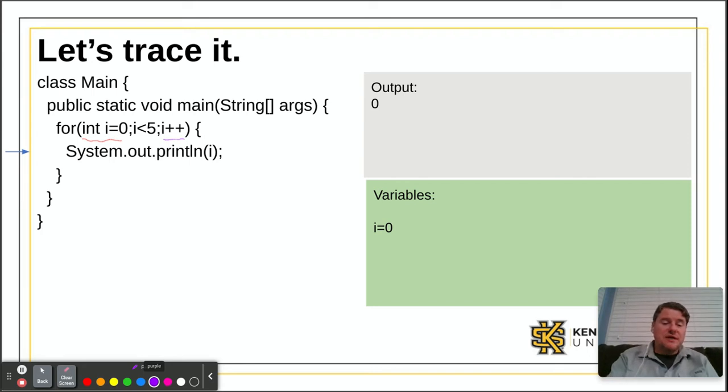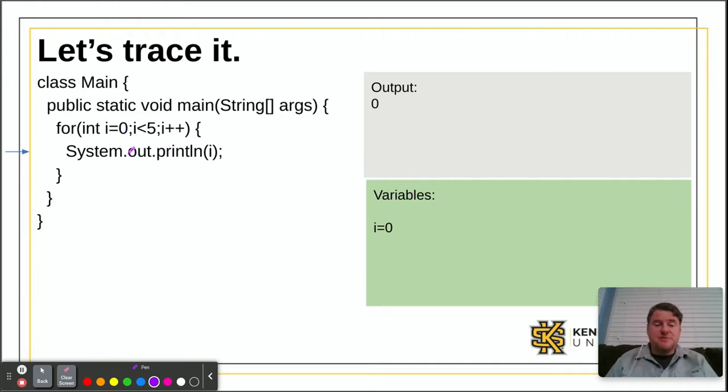So weirdly, this part is ignored the first time through the loop, and this part is ignored every other time through the loop. So on the second and third and 15th or 100th or however many times we're going to go, the initialization is ignored. And that kind of makes sense. Okay, so again, I is currently 0.